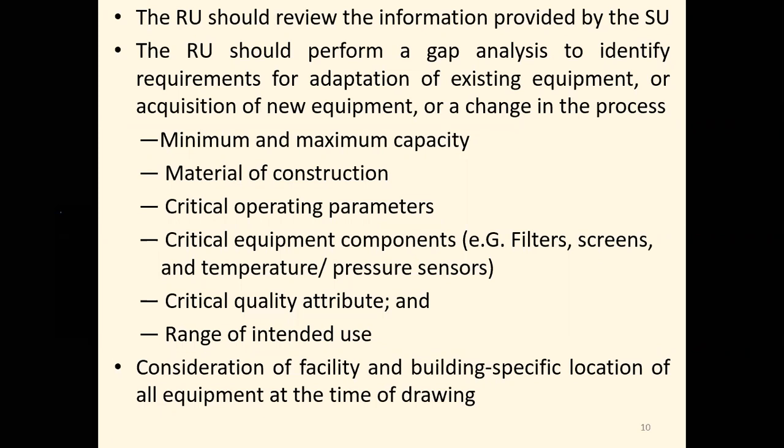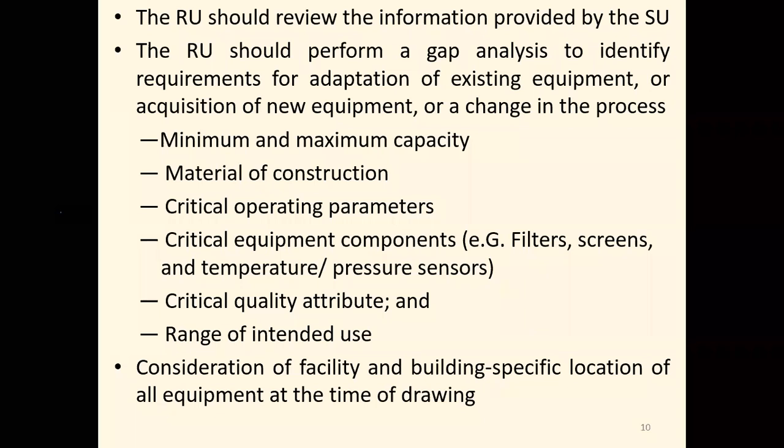Then critical quality attributes. Then the range of intended use. Intended use means for which purpose they are using it, say for detection of UV light or UV absorbance. So what will be the range of light? Likewise, they have to provide.